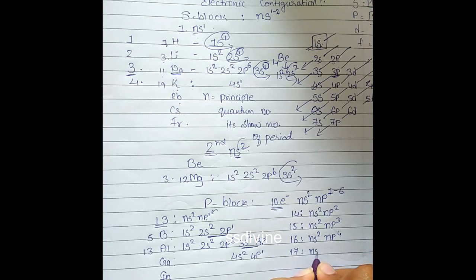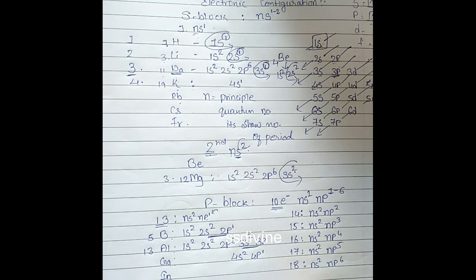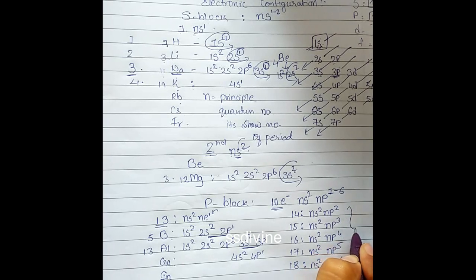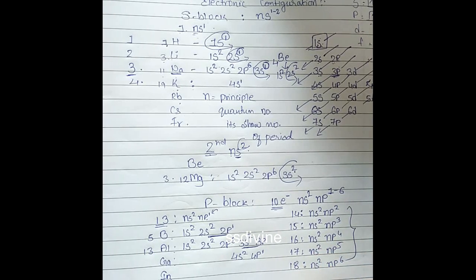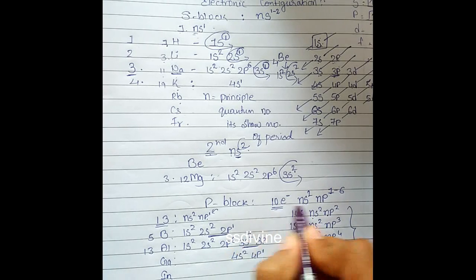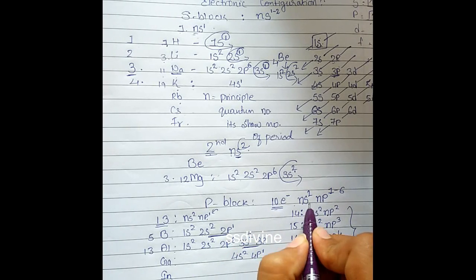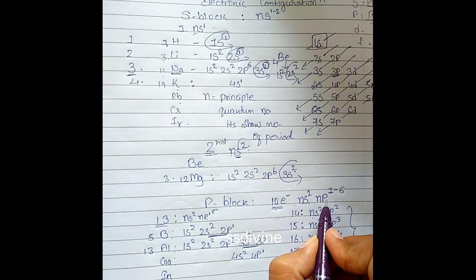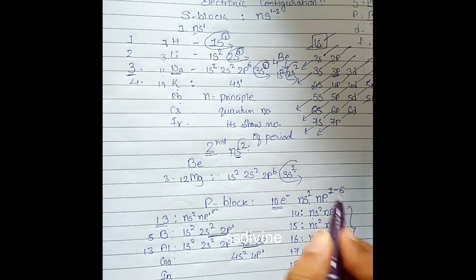Group 17 will have ns2, np5, and group 18 will have ns2 and np6. So this is the electronic configuration of the p block. What common thing are you finding? ns2.